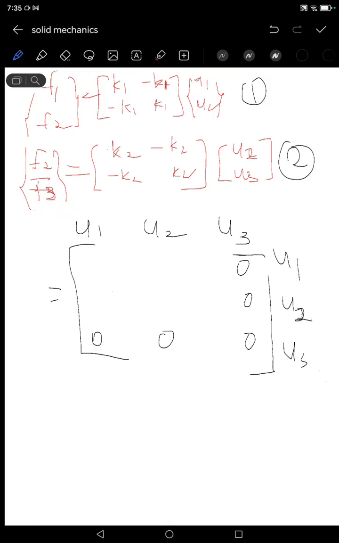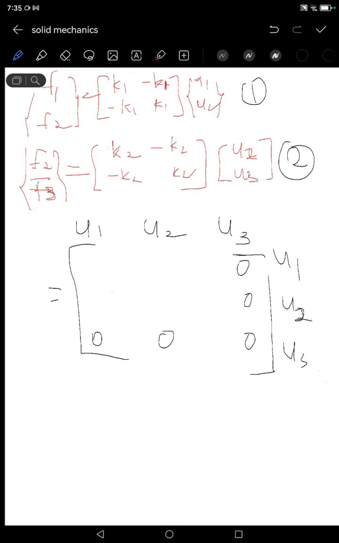So wherever there's u3, we write zeros. We just want to get the equation of global stiffness, and since we have 3 nodals, we have to introduce this u3 from our first element.